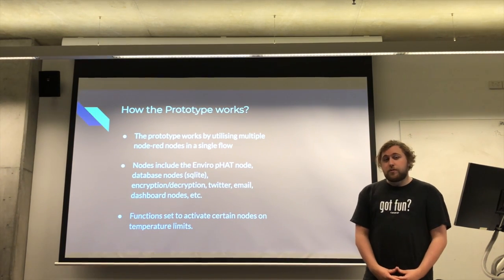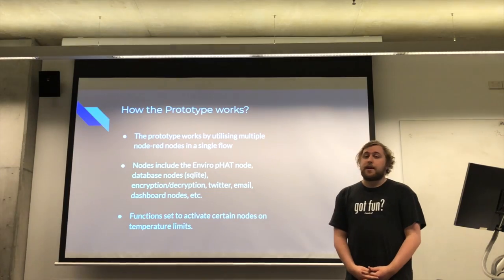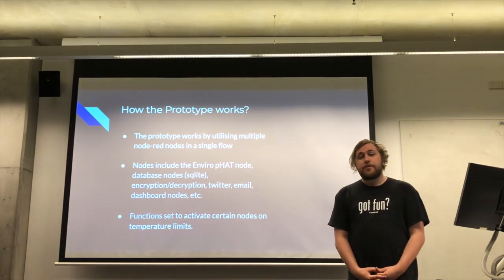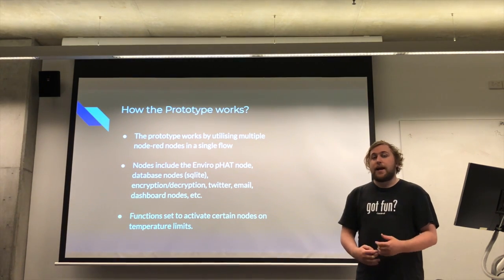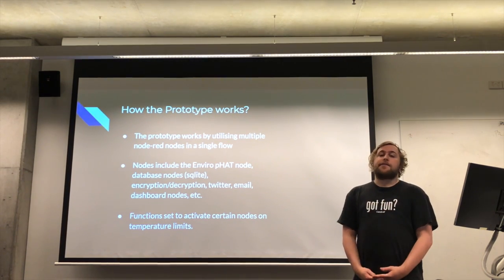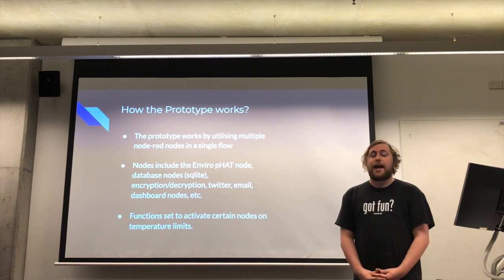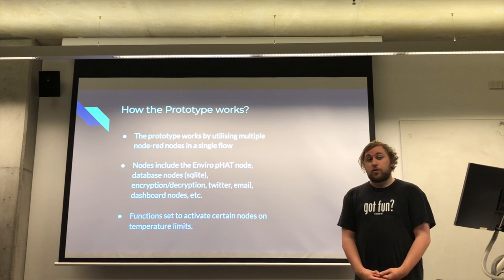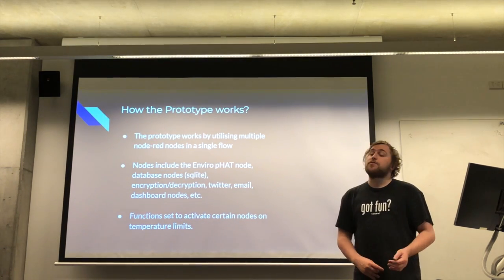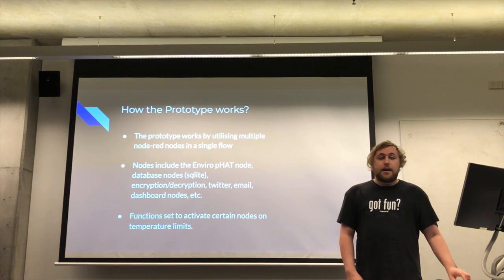We have Twitter nodes, which will require a Twitter API in order to send out Twitter updates. Email nodes to send out email updates, as well as dashboard nodes in order to show and accurately portray the current temperatures on both the CPU and the sensor, as well as change nodes, which will let us store variables such as the current temperature under the flow context or global context. Now on for a demonstration.